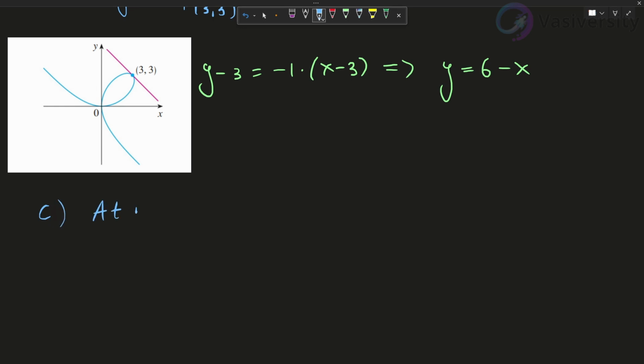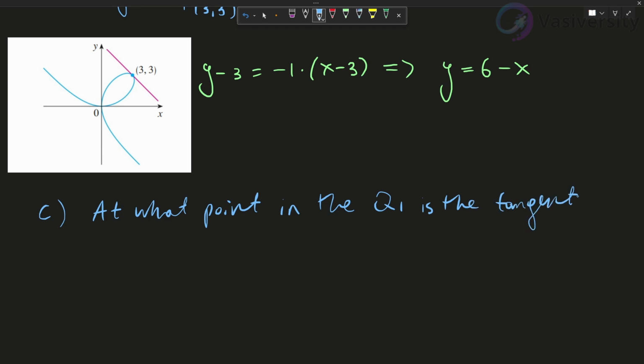At what point in the first quadrant, in the Q1, is the tangent line horizontal? Right, what does that mean? That means that the slope is equal to 0. Okay, so at what point?